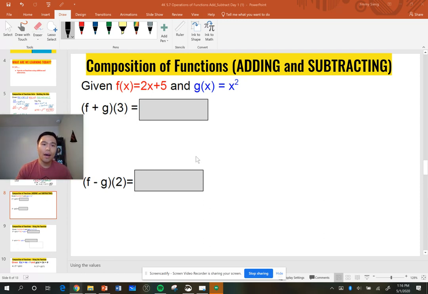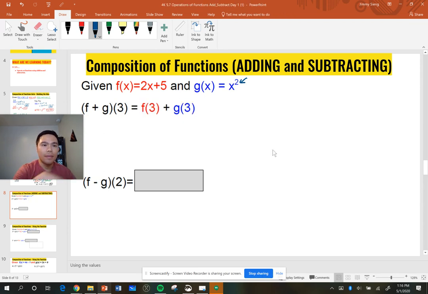So now, instead of having just straight up x's and numbers, I have here an x squared now, right? That exponent. This is going to change a little bit, but let's just go on with this. So if I have f plus g of 3, that turns into where your x is now equal to 3, and you add those two together. Okay, I'm going to try to go a little faster with this.